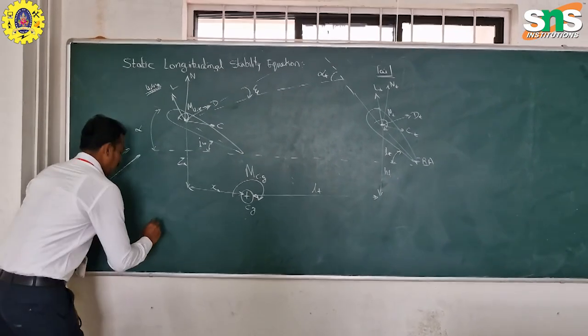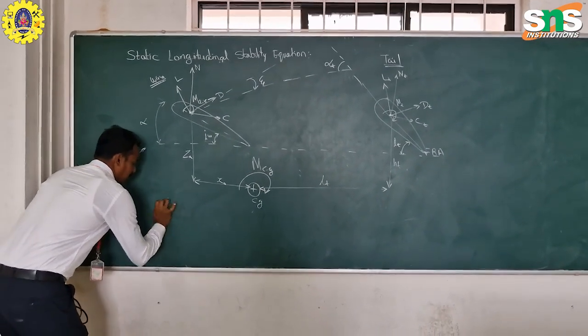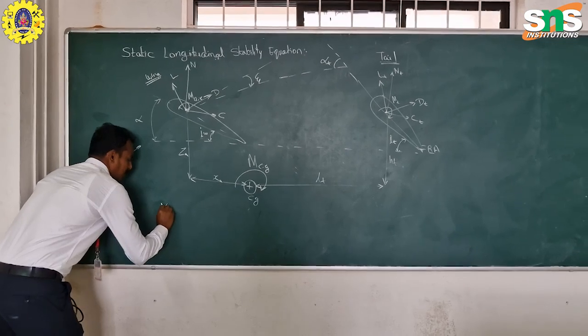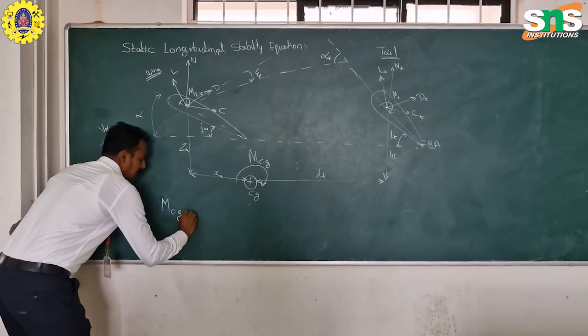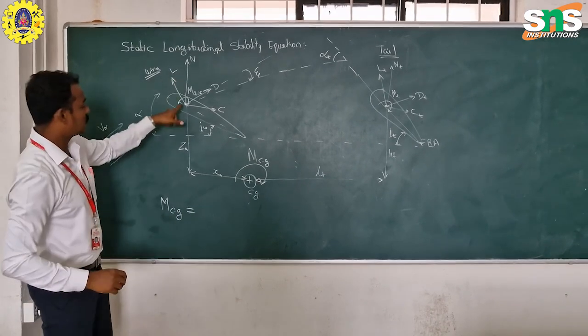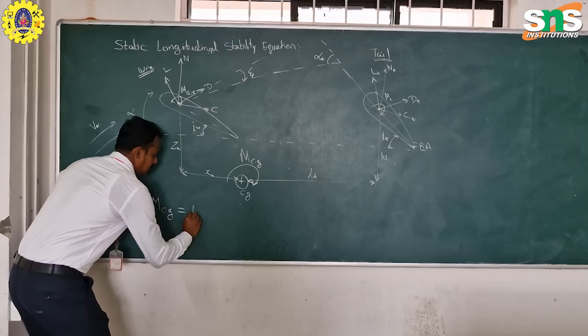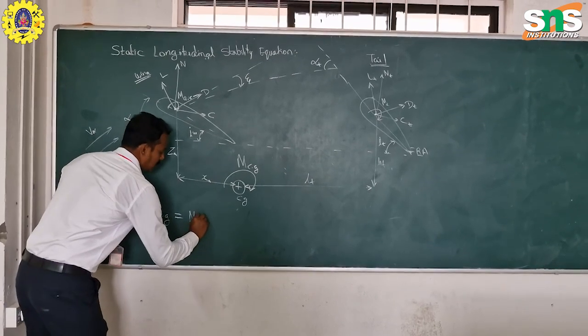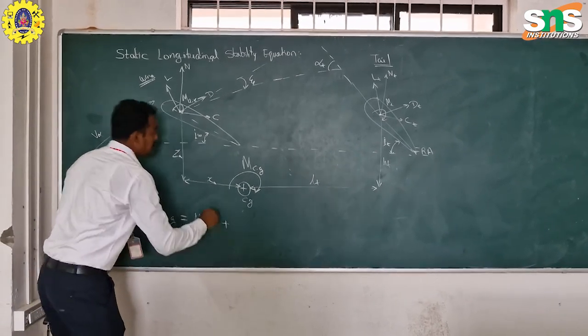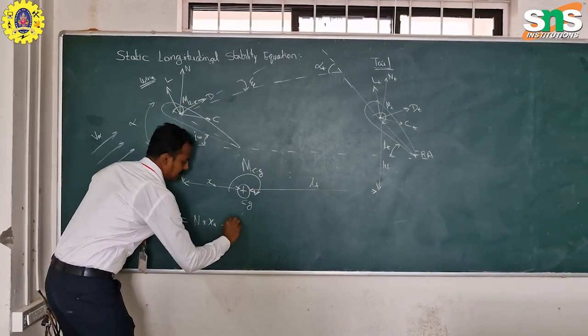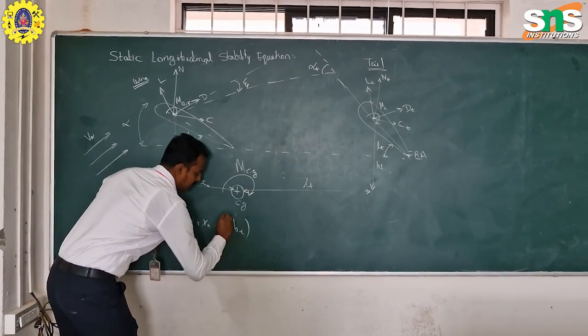For force times component distance, the normal force times h_ca, plus the moment about the aerodynamic center of the wing, M_ac,w.